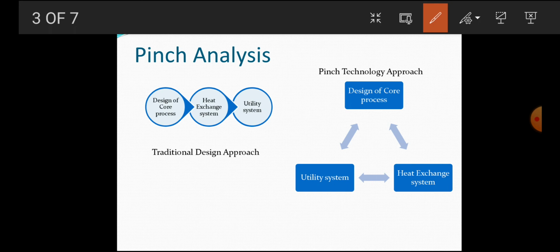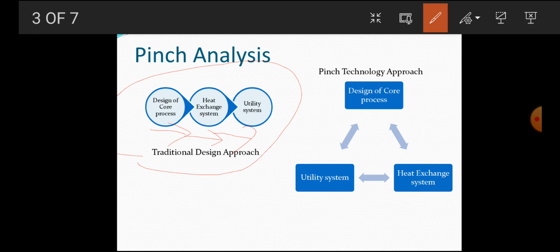Then the design of a heat recovery system is completed. Further, remaining duties are satisfied by the use of utility system. So each of these exercises is performed independently of the others. As you can see, this is the traditional approach: design of process, then heat exchange system, and then utility system.